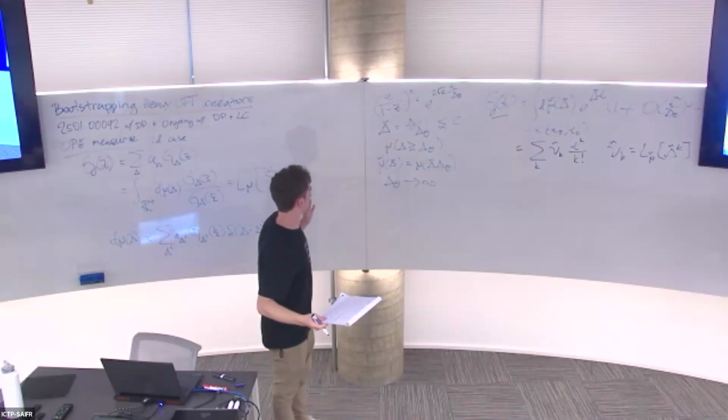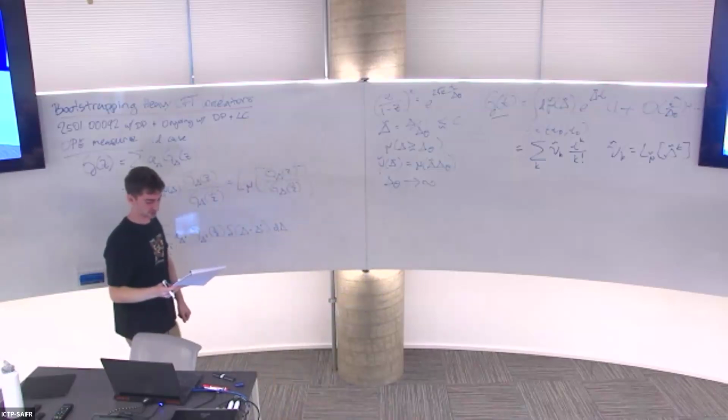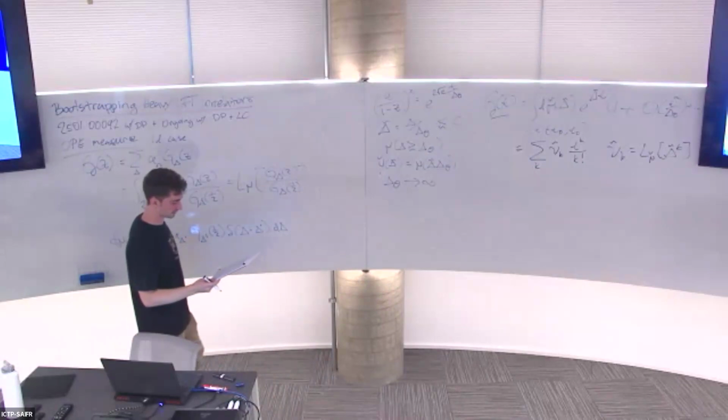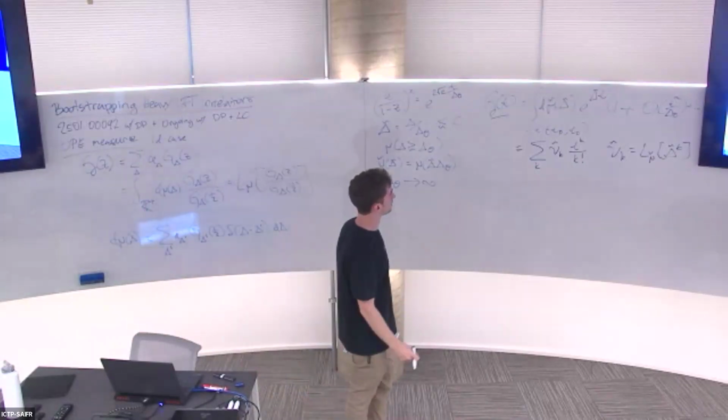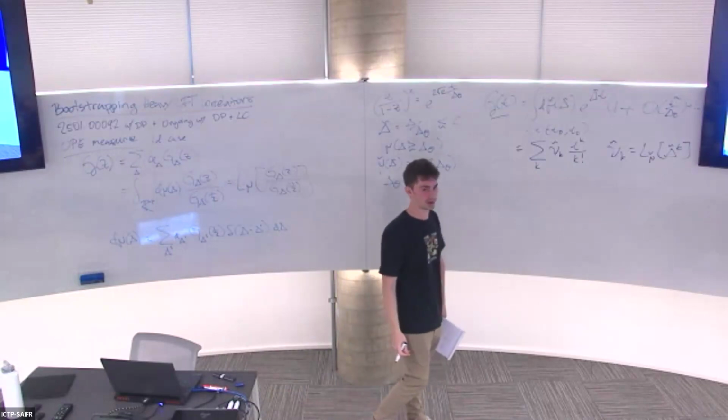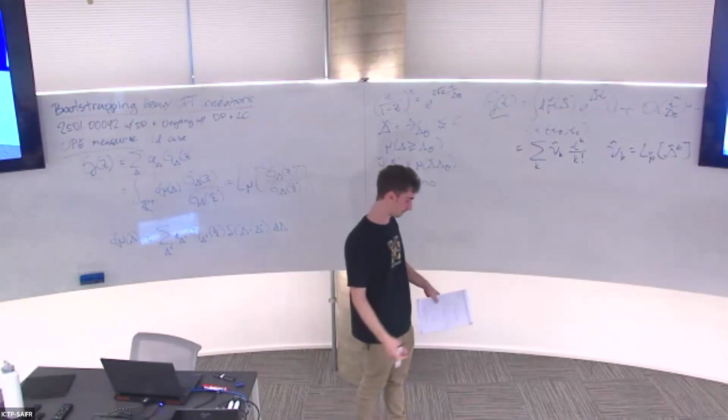Okay, so we've done a bunch of song and dance to cast this correlator as a moment generating function for the OPE measure. Now we can ask, well, how is this OPE measure constrained by crossing and unitarity?